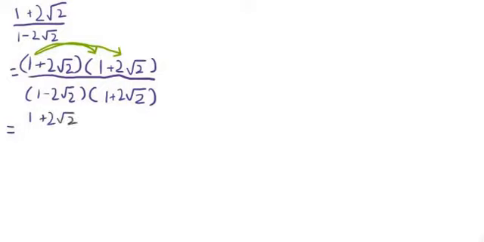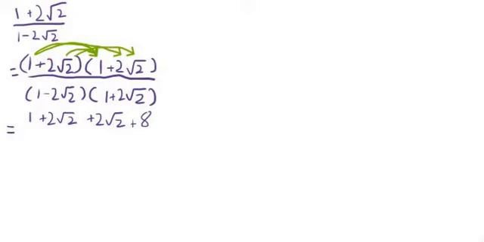Then we have 2 root 2 times 1, plus 2 root 2. Then we have 2 root 2 times 2 root 2, and that is plus 8, because the 2 and the 2 multiply together to get 4 root 4, but root 4 is a square number, so it will be 4 times 2, which is 8.